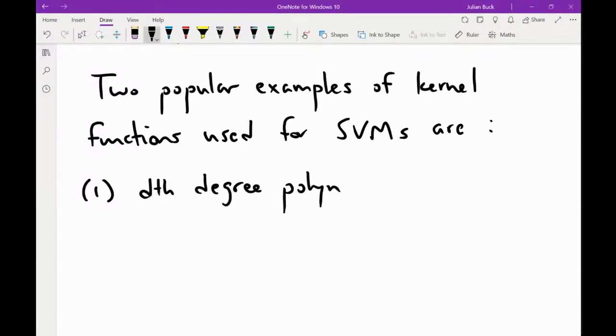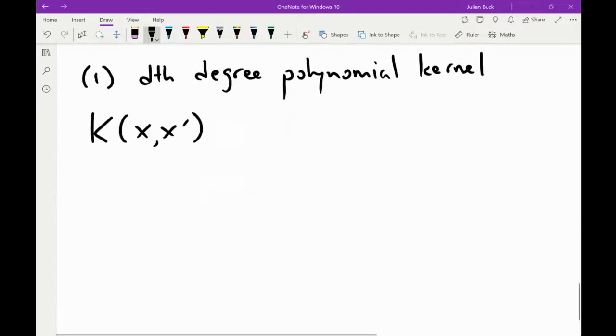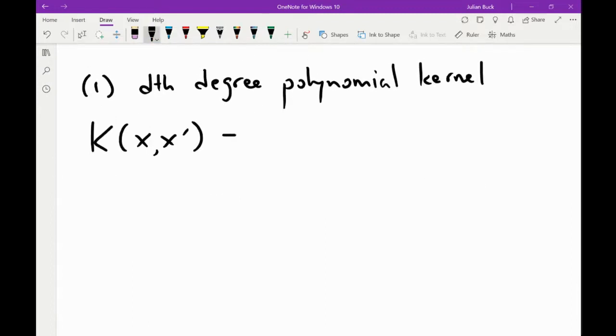So the dth degree polynomial kernel. What does it do? We'll call it K, applied to two data points x and x prime. It multiplies by some parameter gamma.